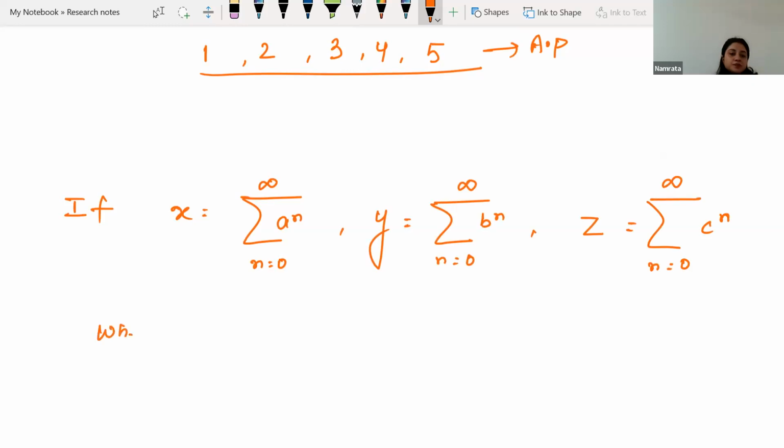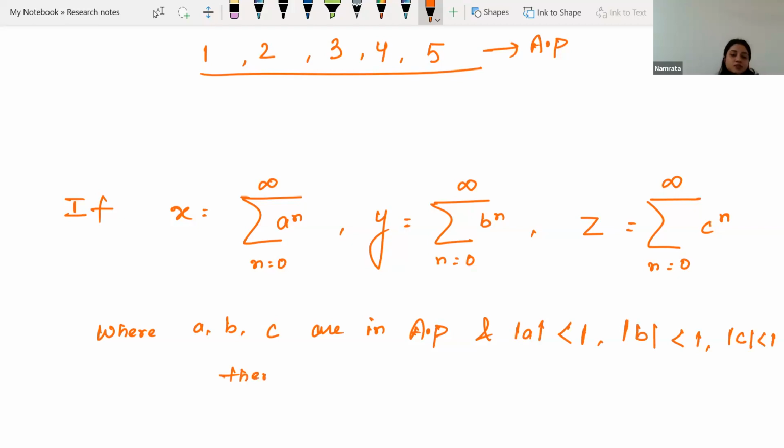Where a, b, c are in AP, and modulus of a is less than 1, modulus of b is less than 1, and modulus of c is less than 1. Then x, y, z are in what?